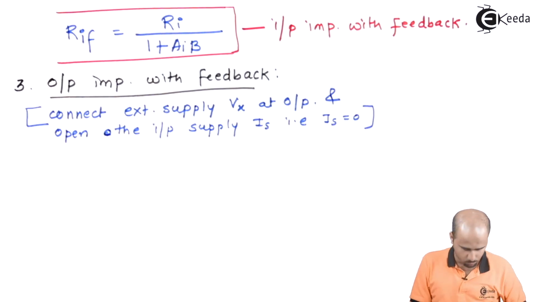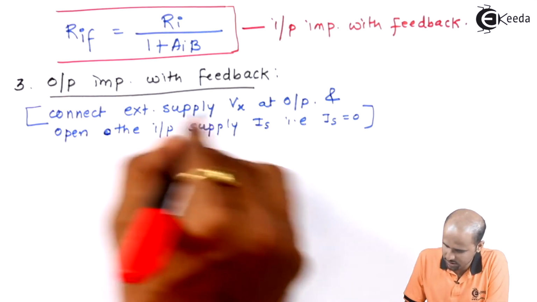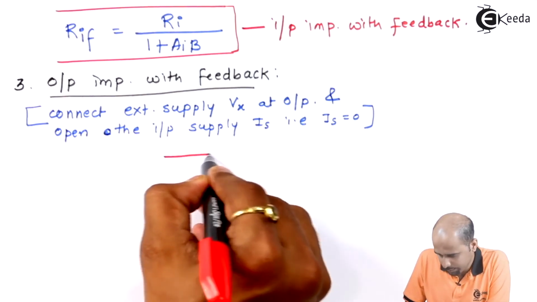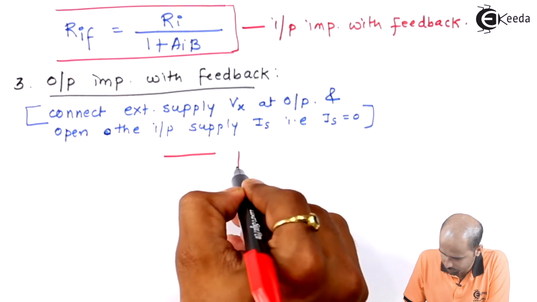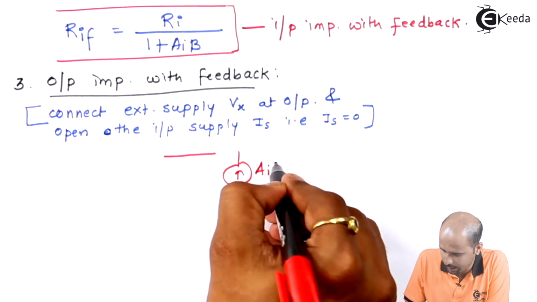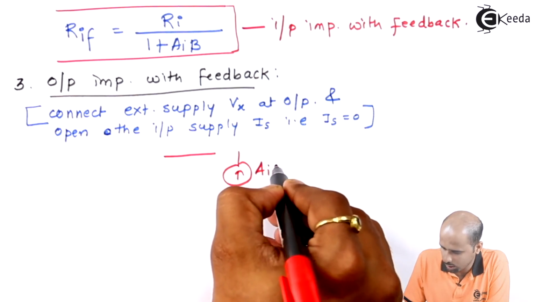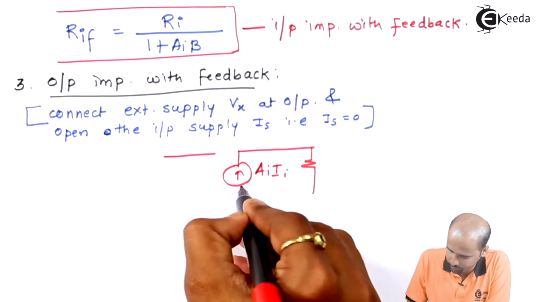Now we will form the complete circuit with this particular configuration. Here we will say it is nothing but the current source, and that is nothing but AI into II. This is nothing but the resistance in parallel along with this.